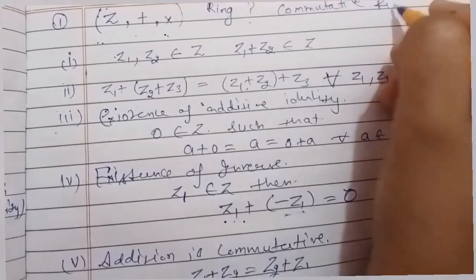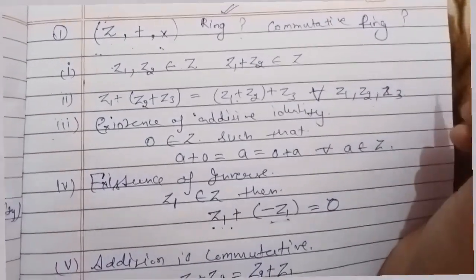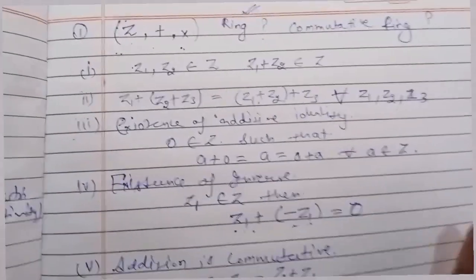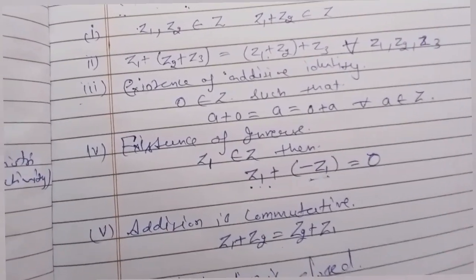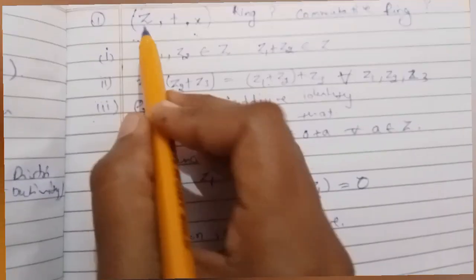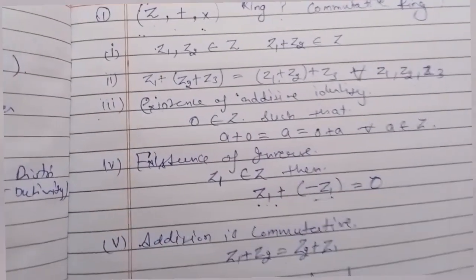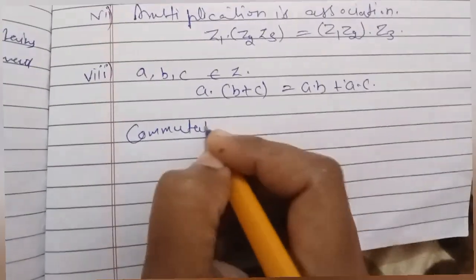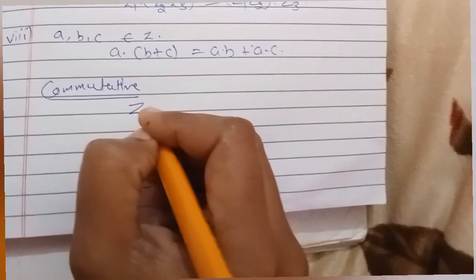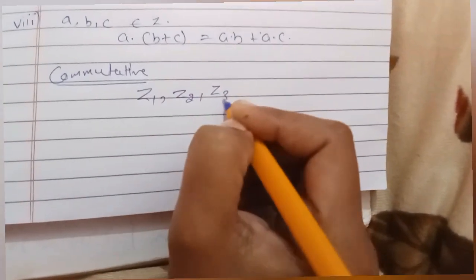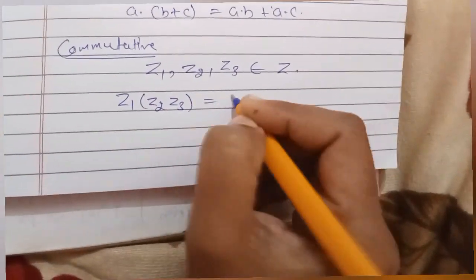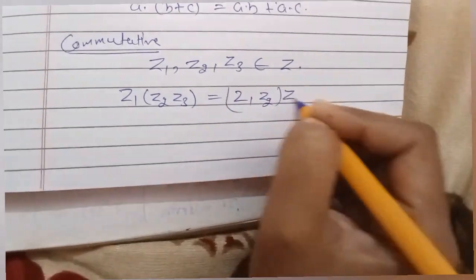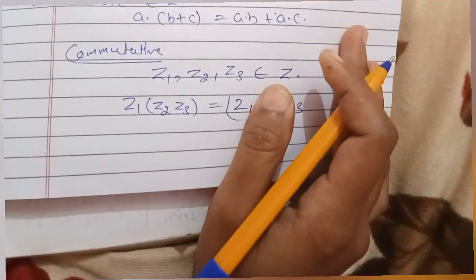Yes, this is a commutative ring because the multiplication operation defined on this structure is commutative: if we take integers z1 and z2 belonging to Z, then z1 z2 is equal to z2 z1.